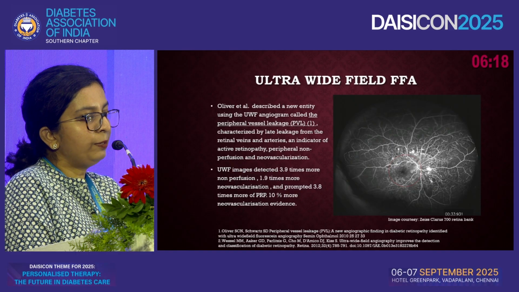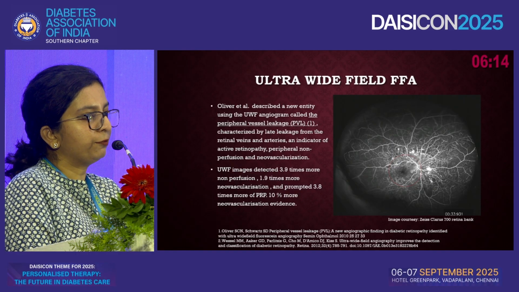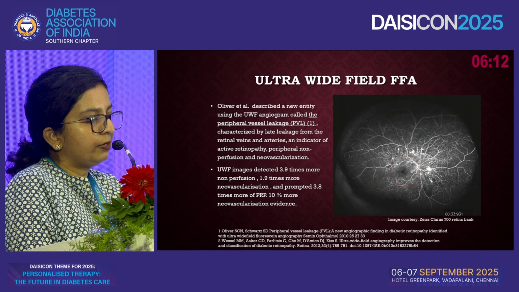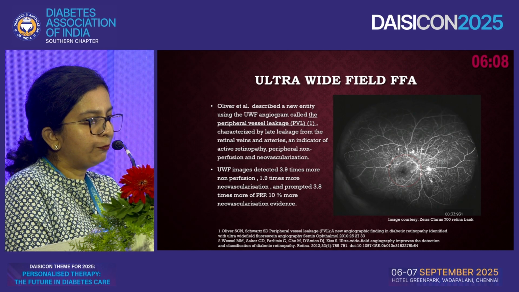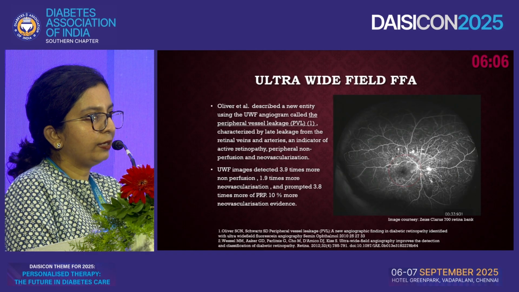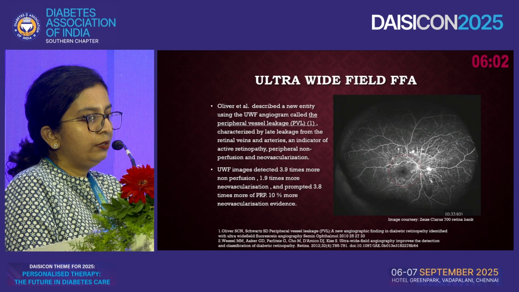So there is 10% more chance of picking up neovascularization using the ultra-wide field FFA. And hence, the earlier we pick up, the more chances of early treatment, which would enable us to give good visual outcomes for such patients.